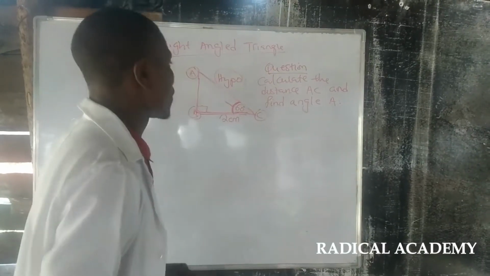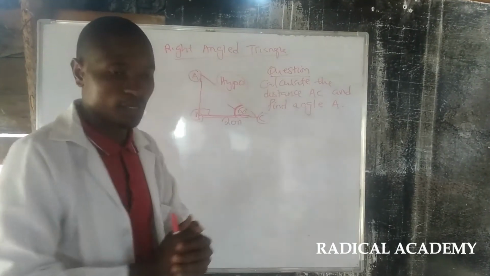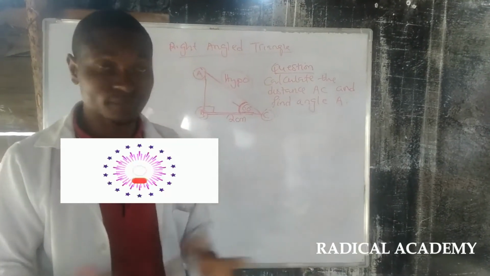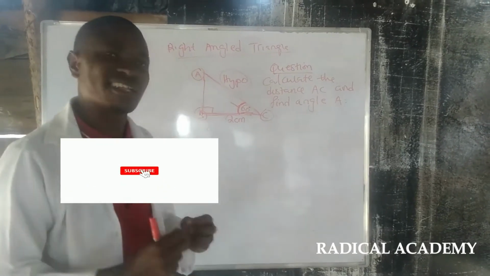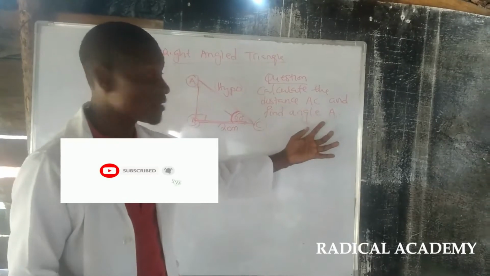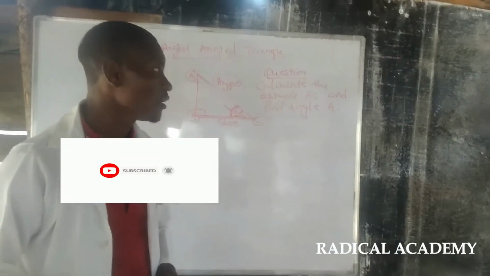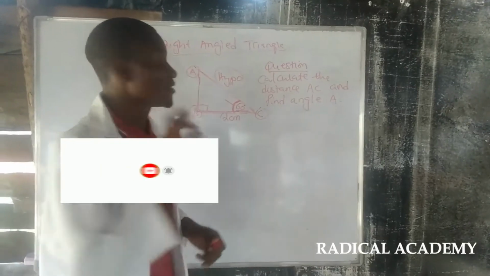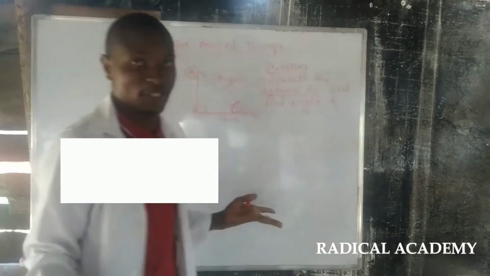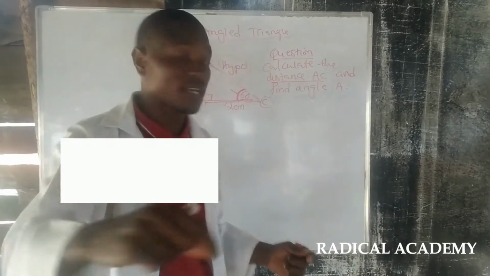Now here is the example to this primary diagram that we drew. The question is saying calculate the distance and find the angle A. So the question is asking for the distance AC.